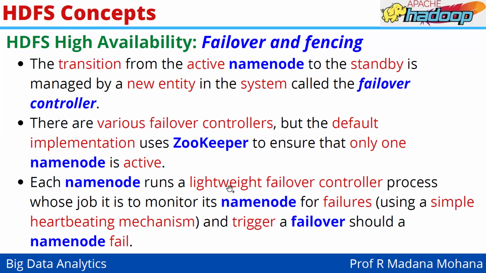Each name node runs a lightweight failover controller process whose job it is to monitor its name node for failures by using a simple heartbeating mechanism and also trigger a failover should a name node fail.